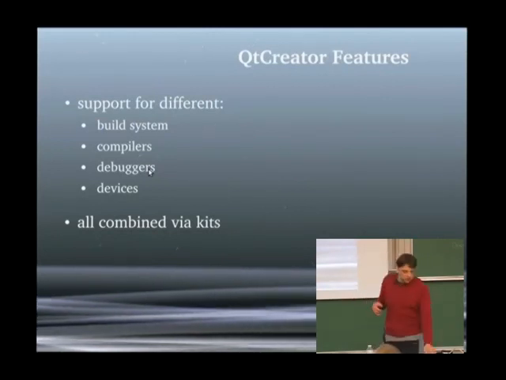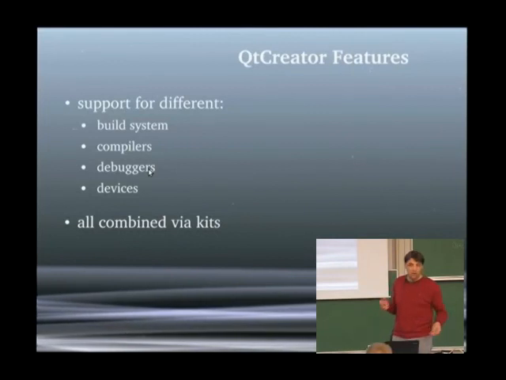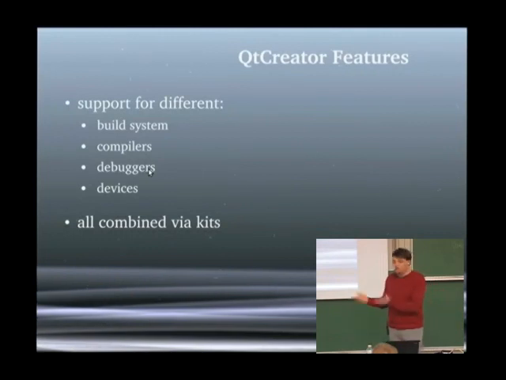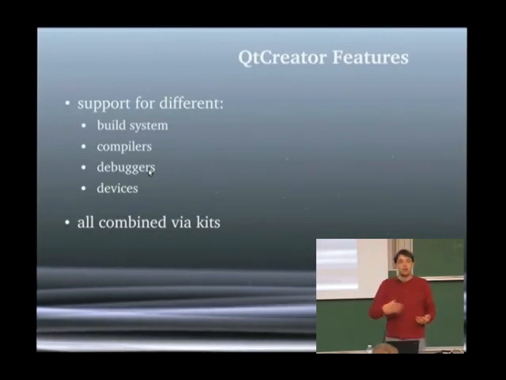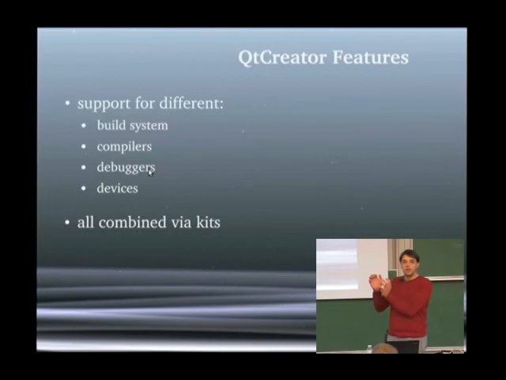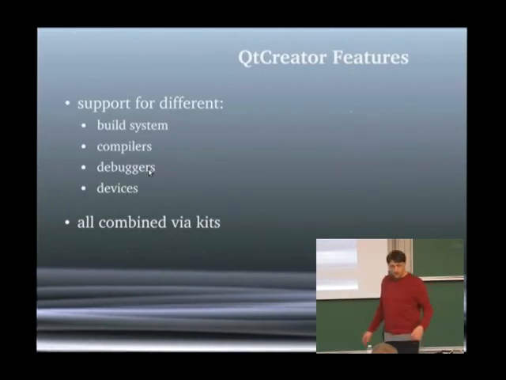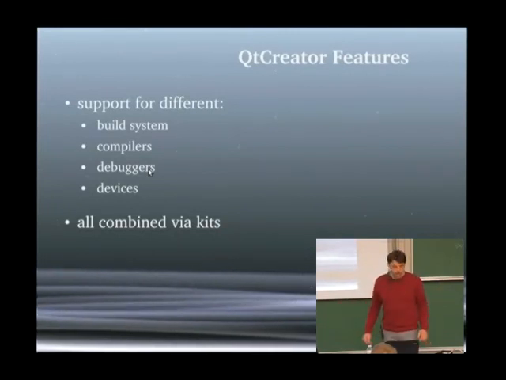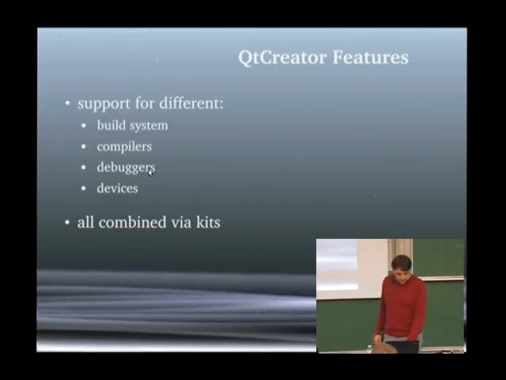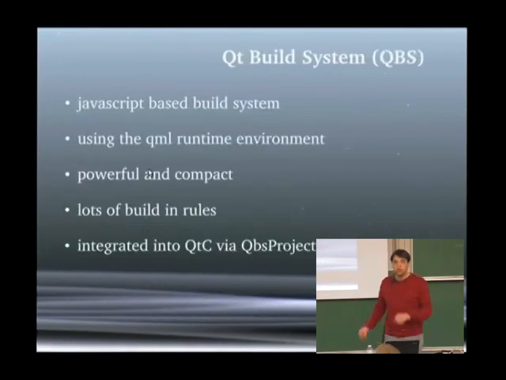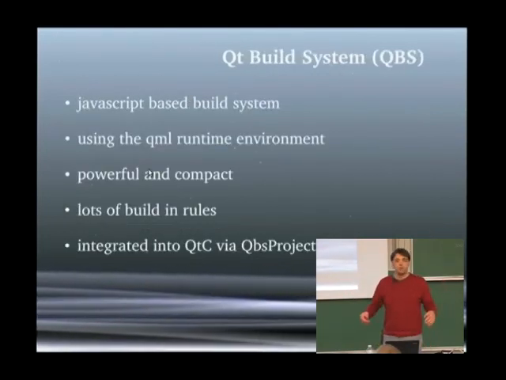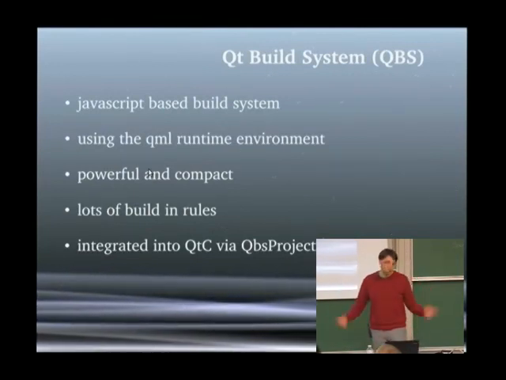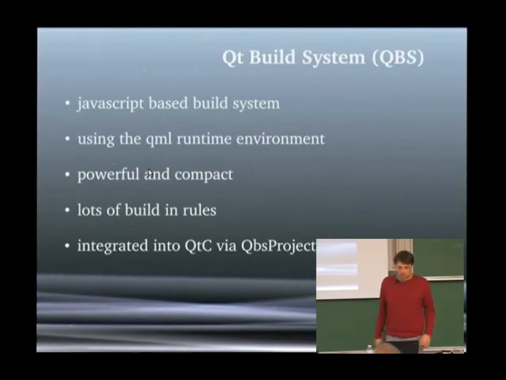If you have different hardware boards lying around, and one is, for example, an ARMv7-A, the other one is a PowerPC, you can have different toolchains configured as one kit, and so you can easily switch and compile for different kits. It's quite nice. So if you have any questions, just pop up. Normally at the end, the questions get easily lost. So if anything is unclear, just ask.